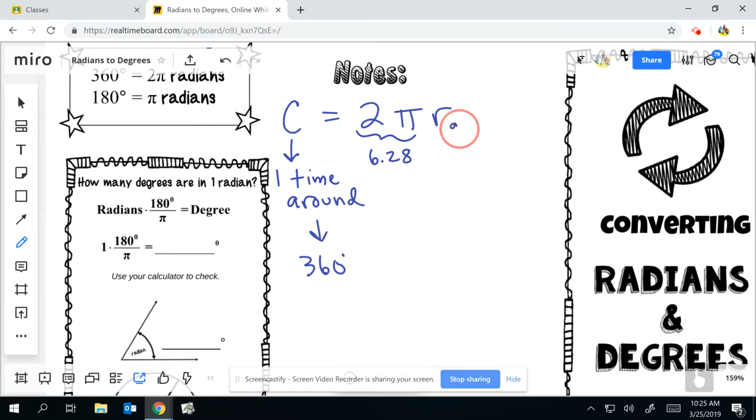And I'm going to change R to radians, because that's what a radius is. It's the length of a radian, 2 pi radians, the same thing as the radius they give us in the circle. So 1 time around, 360 degrees, is the same thing as 2 pi radians.